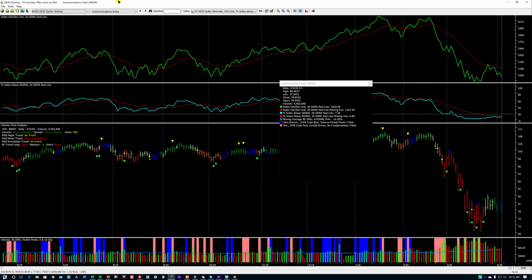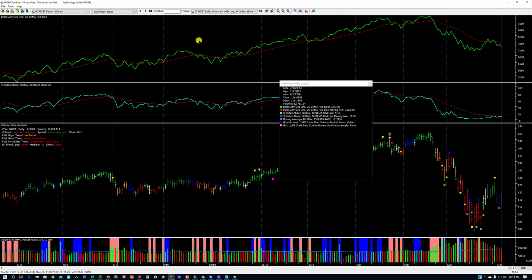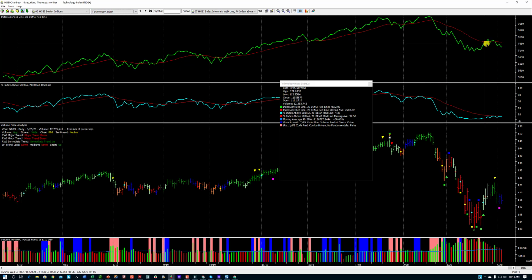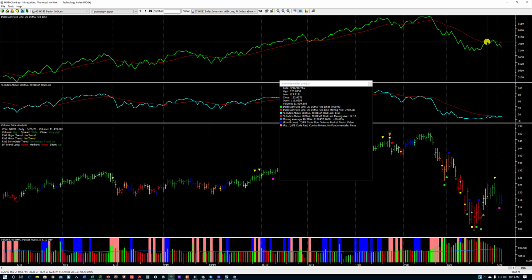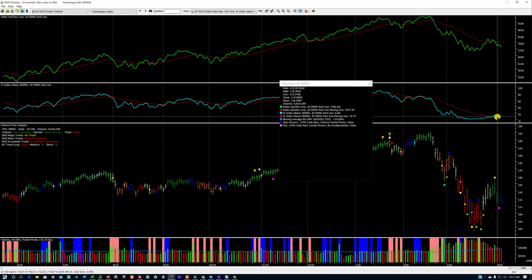You'll get the idea, but you can go into any of these sectors that are created by HGSI, and let's go to the technology index because it has been trying to rally, and you can see that the AD line did go up through its moving average here, but we weren't really seeing any strength down here in the percentage above the 50-day moving average.